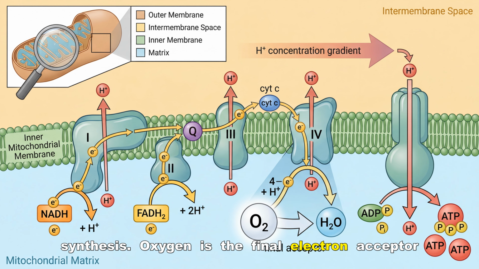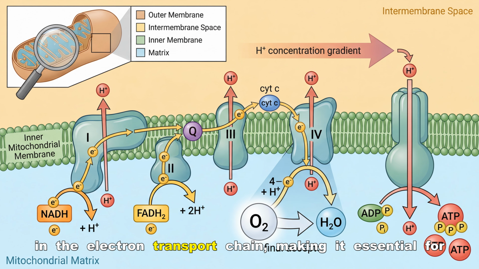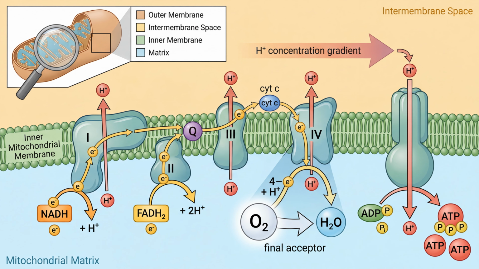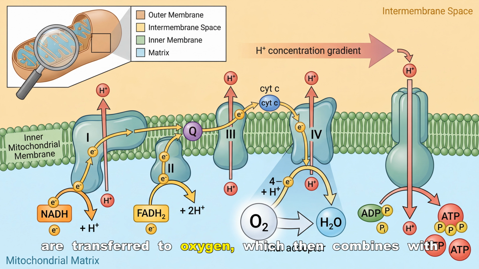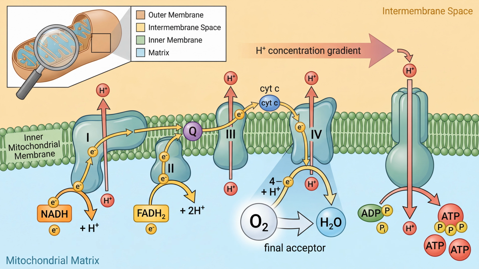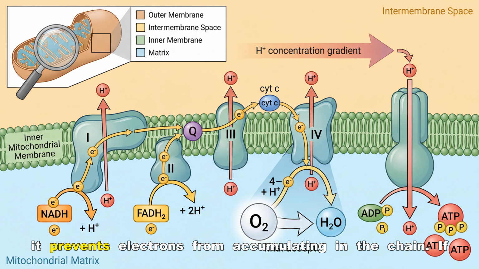Oxygen is the final electron acceptor in the electron transport chain, making it essential for aerobic ATP production. At complex 4, electrons are transferred to oxygen, which then combines with protons to form water. This step is critical because it prevents electrons from accumulating in the chain.